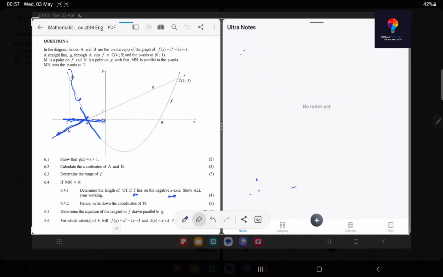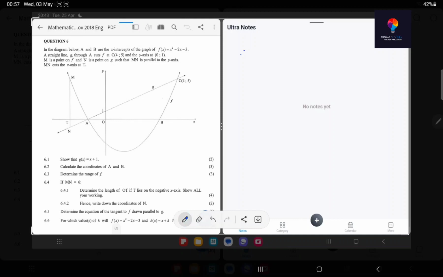Which is now 6.4.2. After we get this length, we must now write down the coordinates of N. Right there.